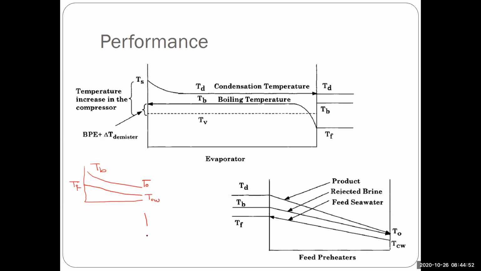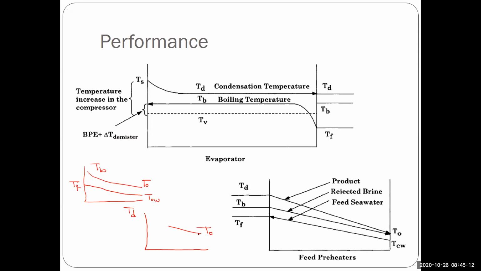In the other heat exchanger, we have the distillate coming inside the tubes, for example, so that it will be cooled down from T distillate to T naught.